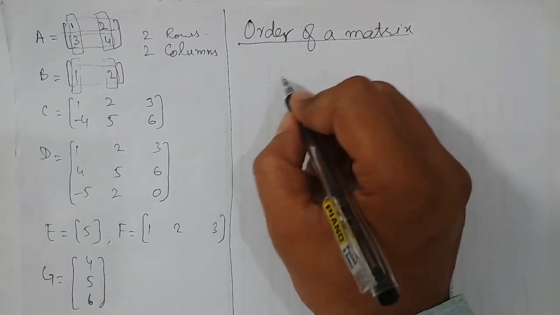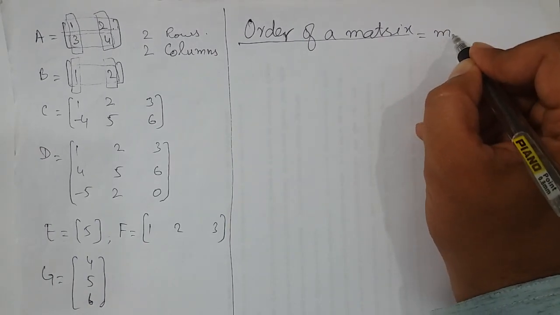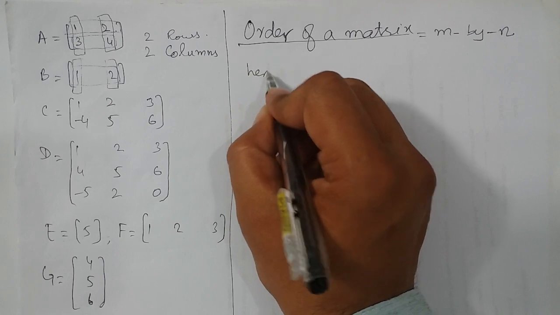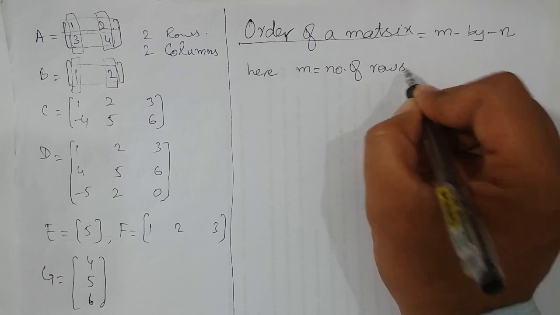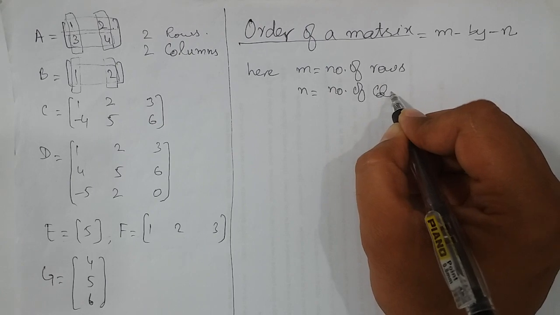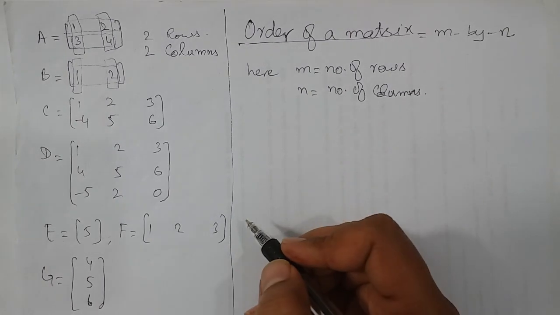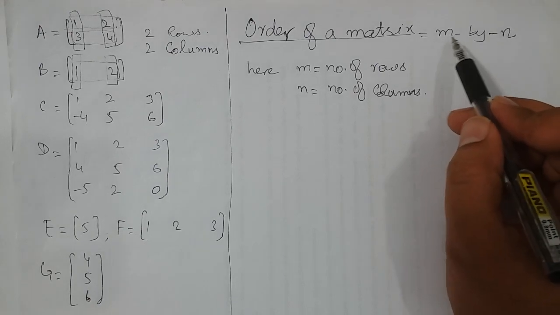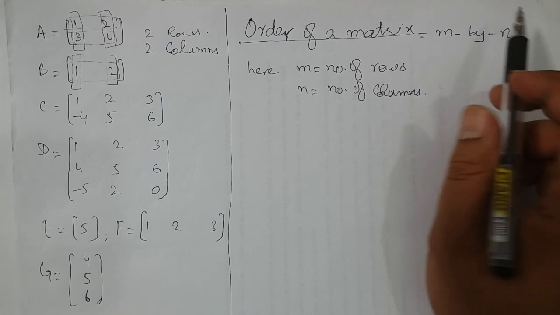Order of a matrix is equal to M by N. Here M is the number of rows and N is the number of columns. So we can write the number of rows and number of columns in the form of this formula, then it will be called the order of a matrix.